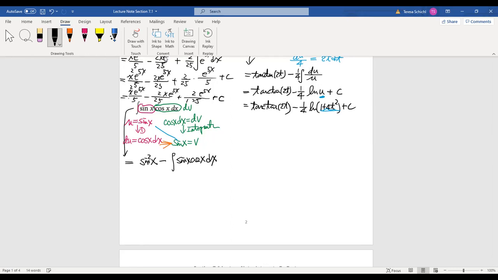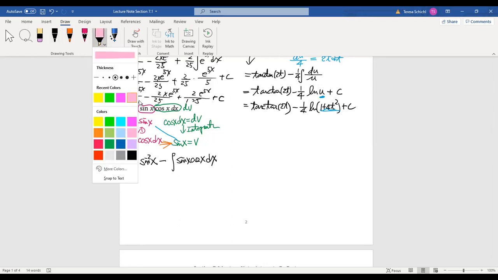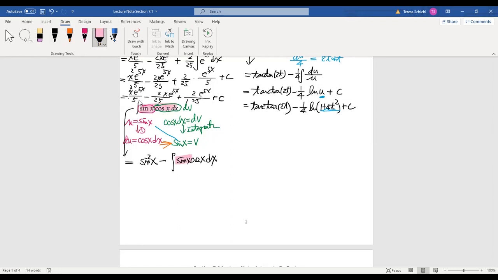Then you say, oh boy, after I did it by parts, what happens here? Oh, it becomes my problem again, the integral of sine x cosine x dx. Even if I do another integration by parts, I always have this term. What can I do here? It seems I can never get rid of the sine x cosine x term.